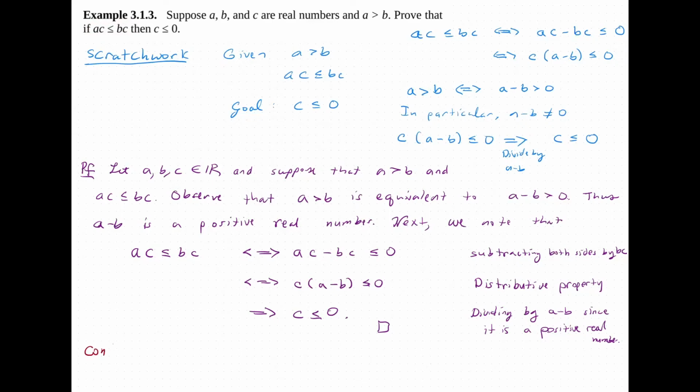And so the contrapositive is C greater than or equal to 0 implies that AC is greater than or equal to BC.